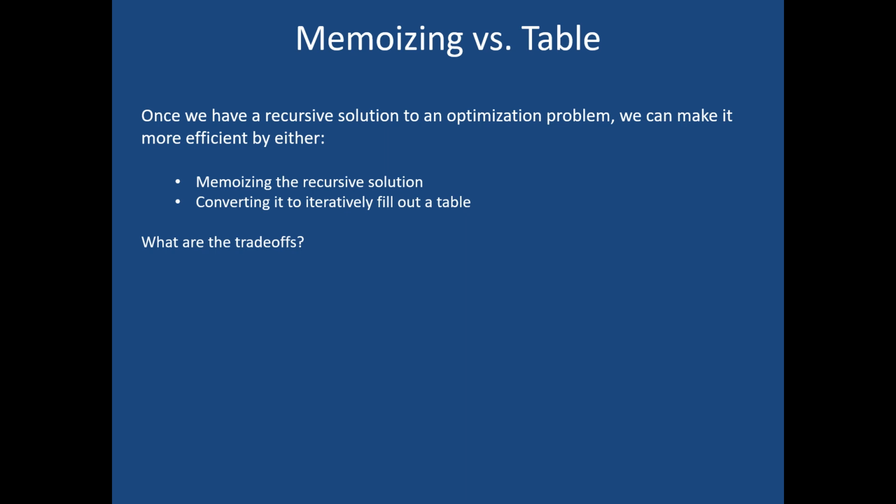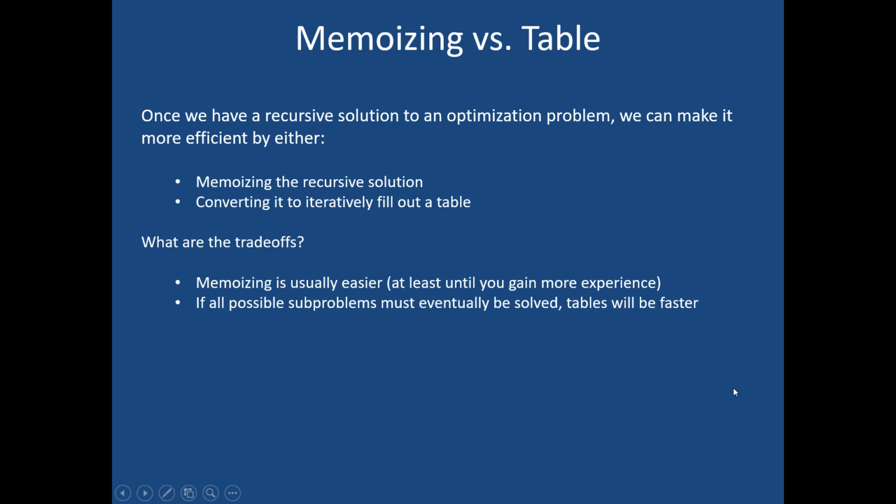There are hardcore programming contest folks that do dynamic programming who seem to reflexively go right to filling out a table just because they're really used to dynamic programming. But when you're getting started, memoizing is, in my mind, the way to go unless you have a good reason not to. So we said that memoizing is usually easier.